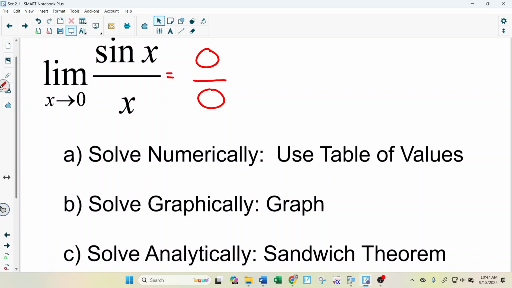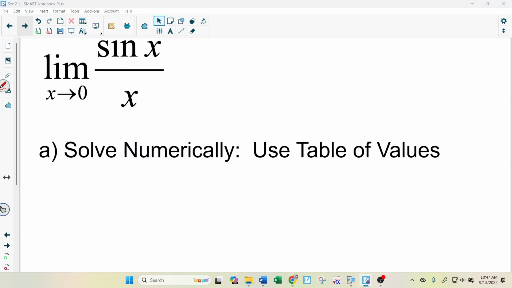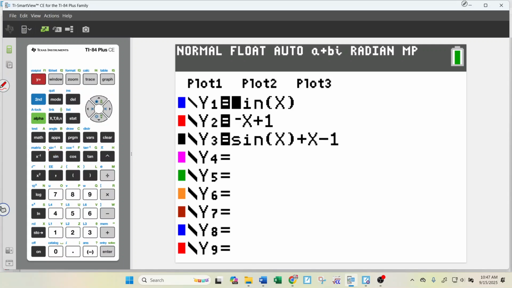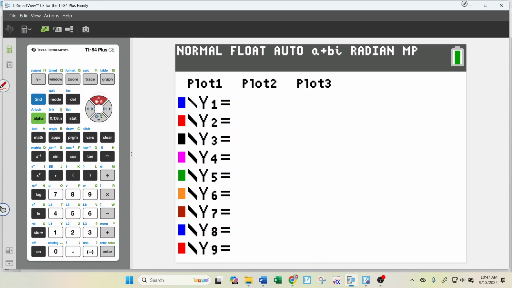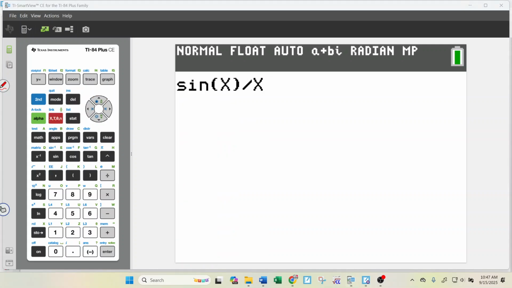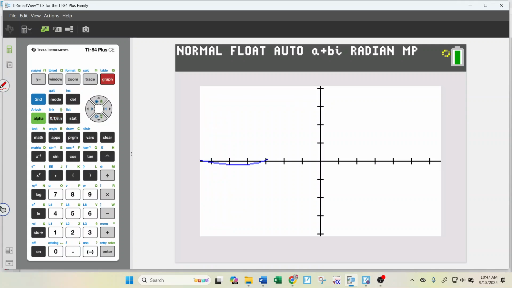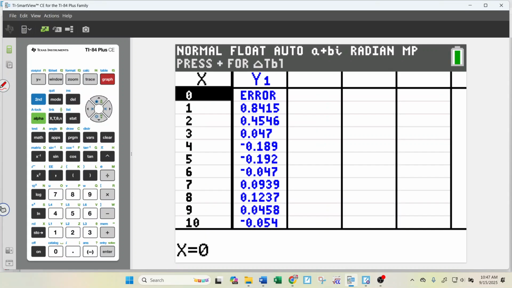So we're going to do numerical, we're going to go to the calculator. And you can just look here to see how this works. I'm going to do sine of x divided by x, in y equals. And then I am going to go to the table.